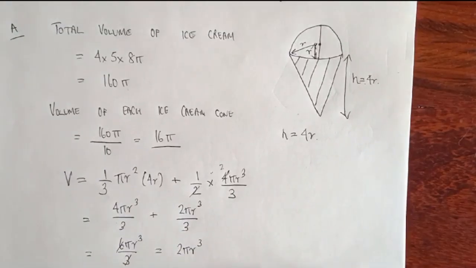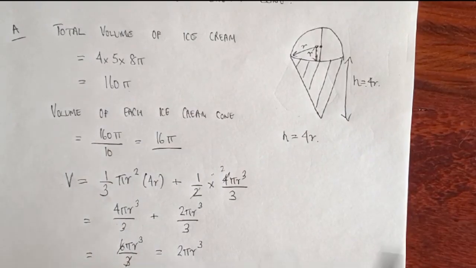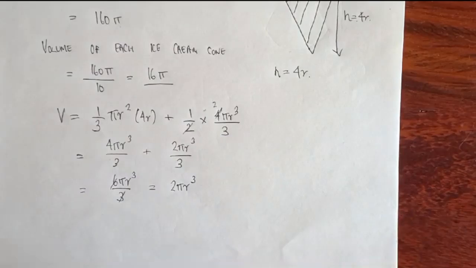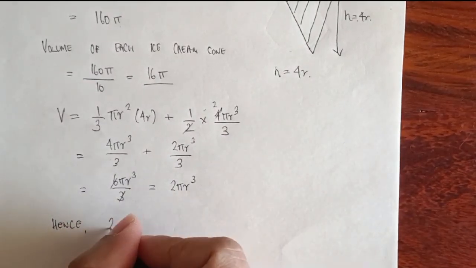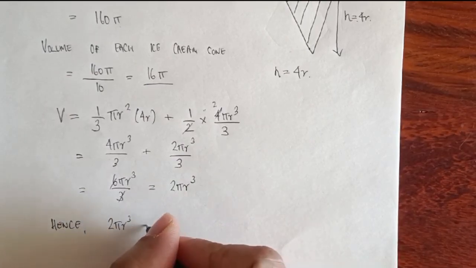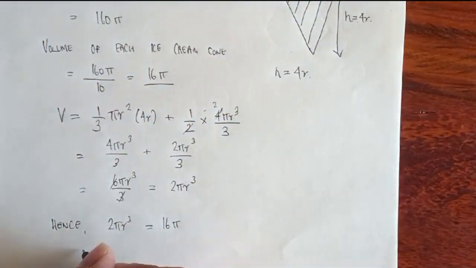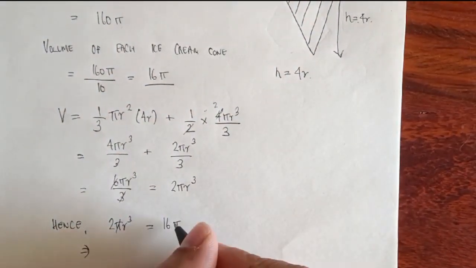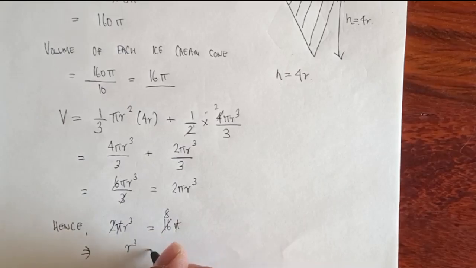But we already know that the volume of each ice cream cone is 16 pi. So we write here, hence, 2 pi r cube is equal to 16 pi. Okay, this implies you cut the pi's, r cube is equal to 8.